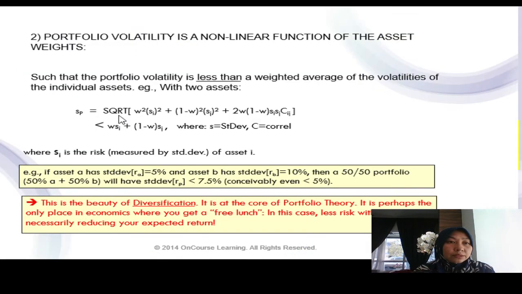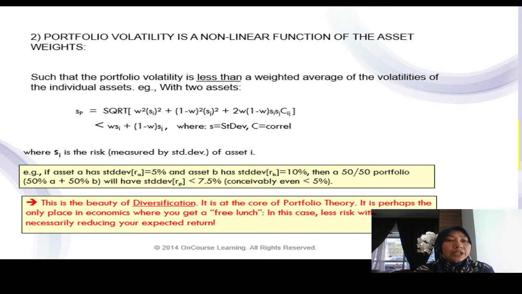Number two, portfolio volatility is a non-linear function of the asset weights. This one is about volatility, not return. Return is the weighted average of the returns of the assets. But volatility is a non-linear function of the asset weights, such that the portfolio volatility is less than the weighted average of the volatilities of the individual assets.